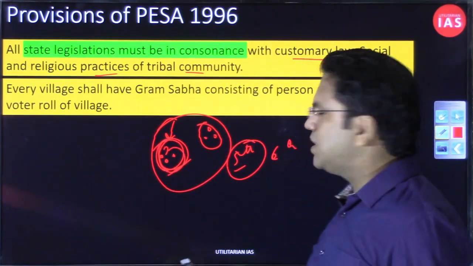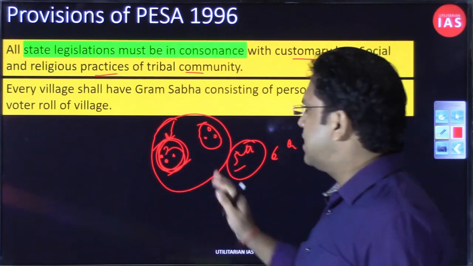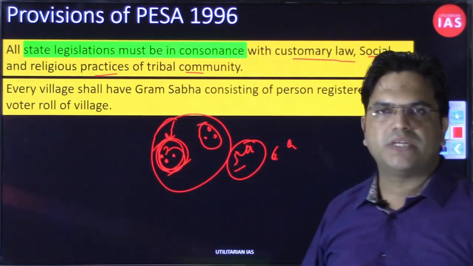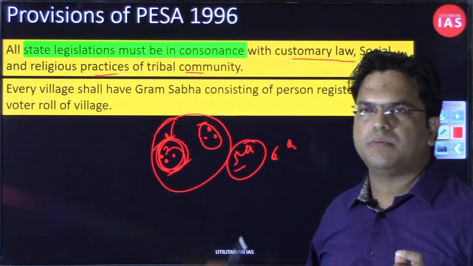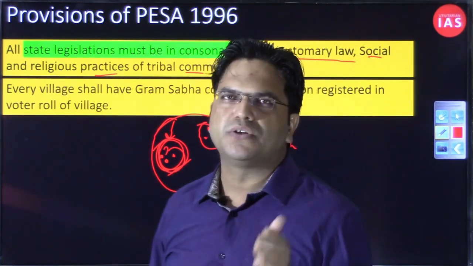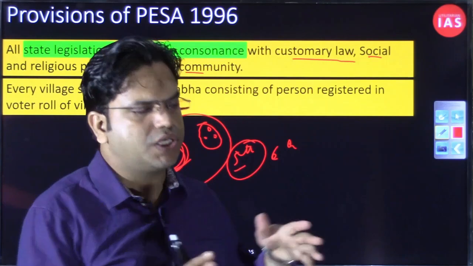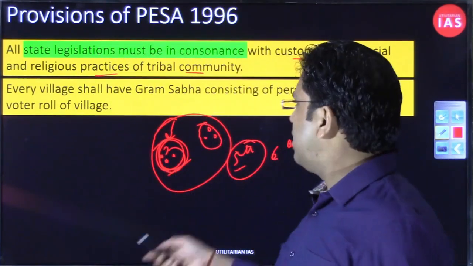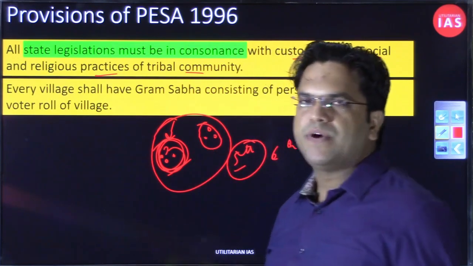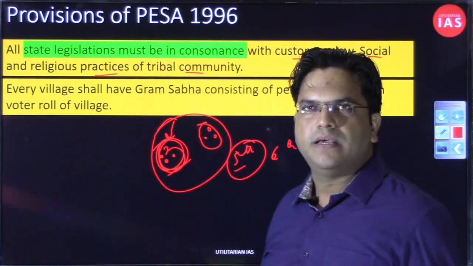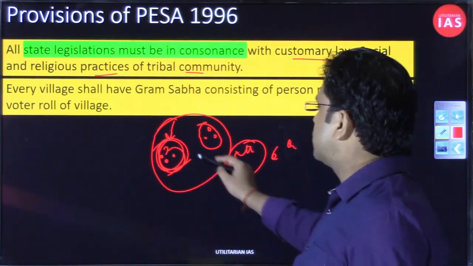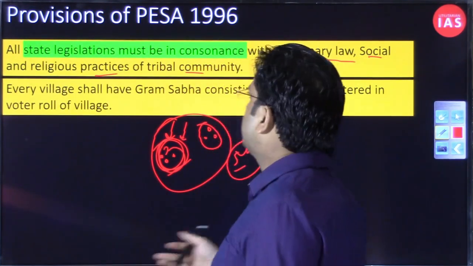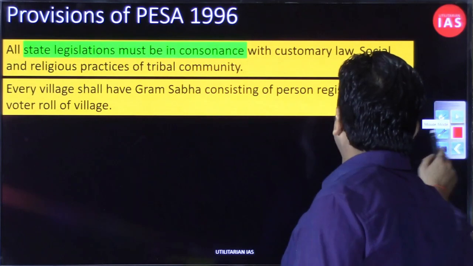If implementation of that parliamentary law or state legislation has to happen in these areas, the laws which are in violation of the religious practices, the customary practices, or the social laws of the tribal community will be amended, and only then will they have application over that particular area. So their right has been strengthened to that extent. That is the first provision of this act.